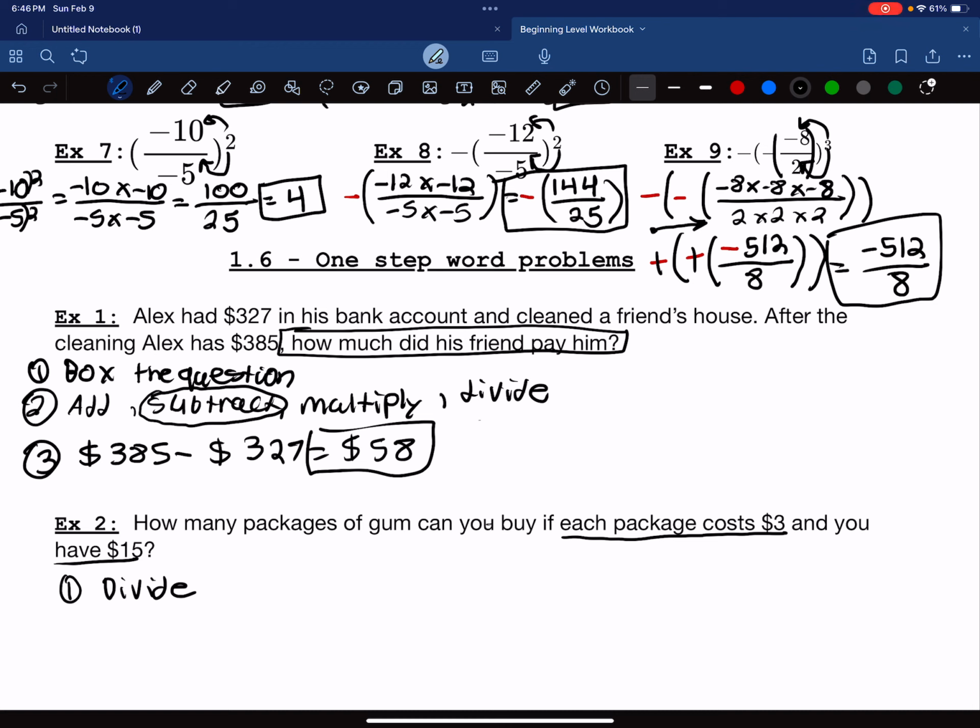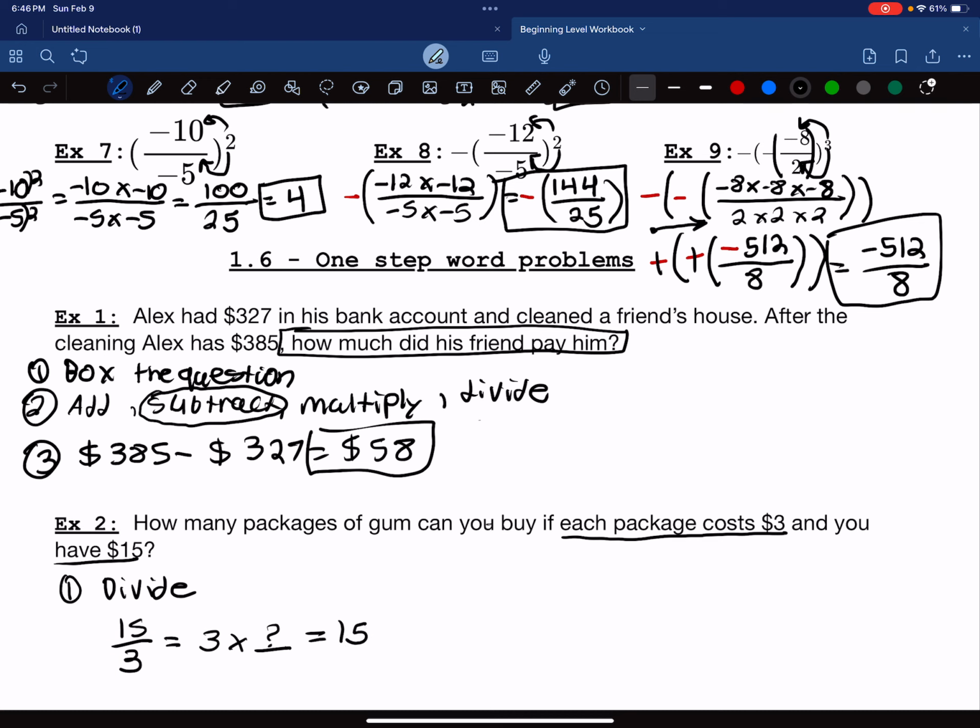And now what are we going to divide specifically? Well, we are going to divide 15 divided by 3. And I got that because we want to know how many multiples of 3 we can get with $15. So in other words, as we've seen before when you divide numbers, 15 divided by 3 is asking us, 3 times what equals 15?